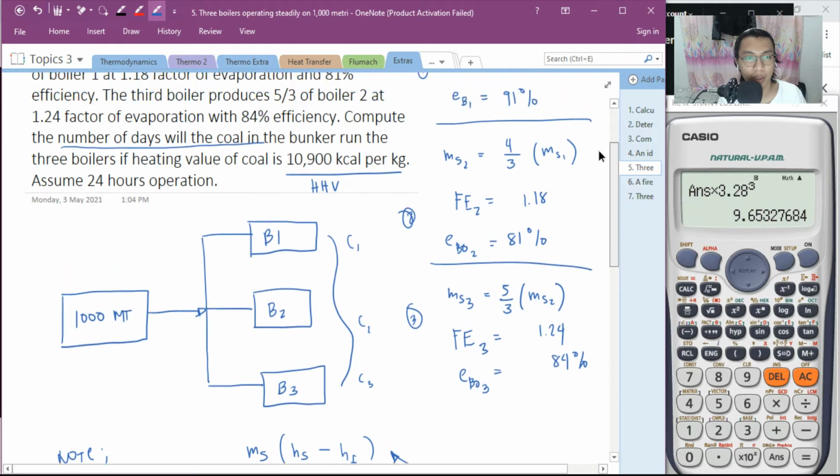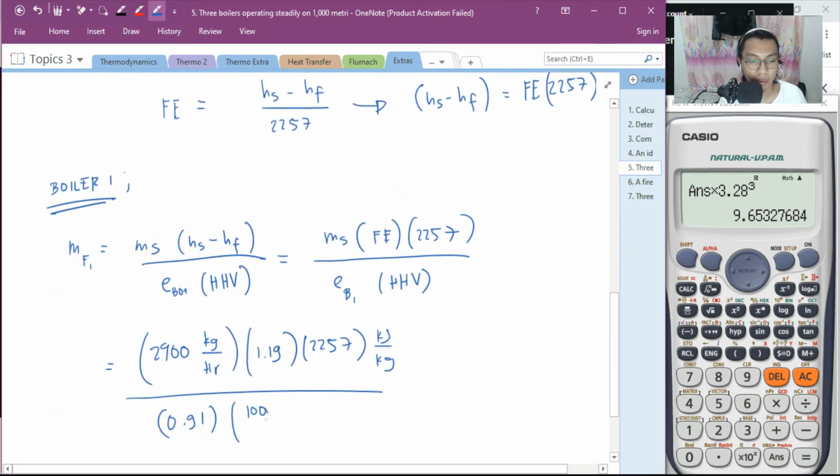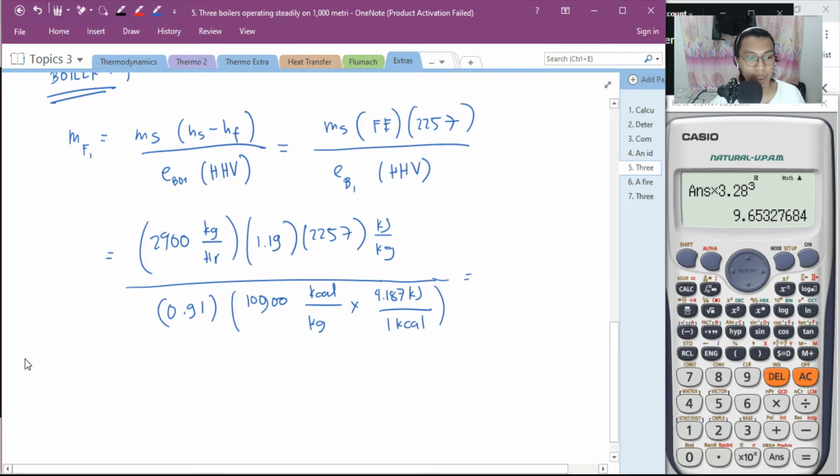Hindi ako nagkakamali. Yung 10,900 kcal per kilogram. O multiply mo na lang, 4.187 kilojoule per 1 kilocalorie. Paulit-ulit na proseso 'yan. So, lista mo lang muna, mamaya mo na i-solve para isahan na lang.